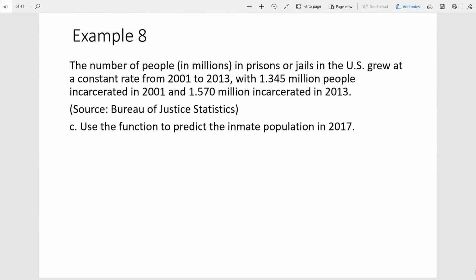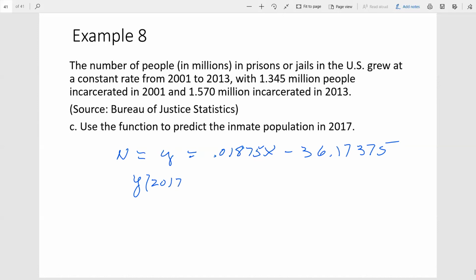And so now we have n equal y is 0.01875x minus 36.17375, and y in the year 2017. We plug in 2017 for x, minus 36.17375.